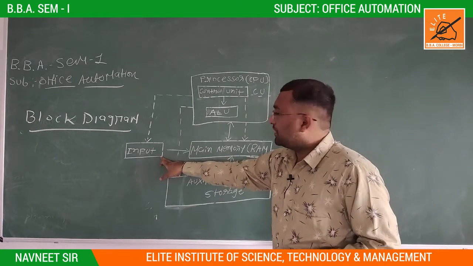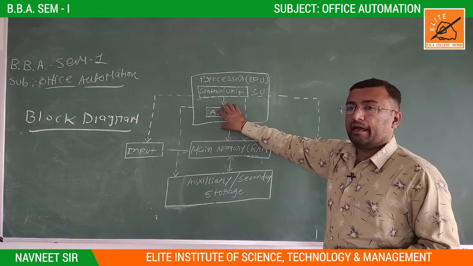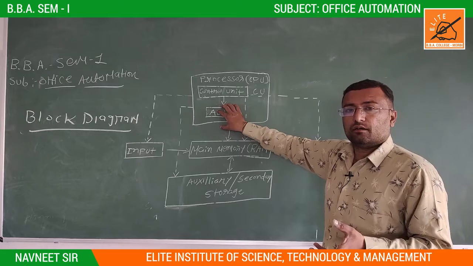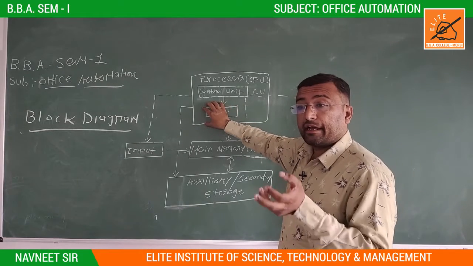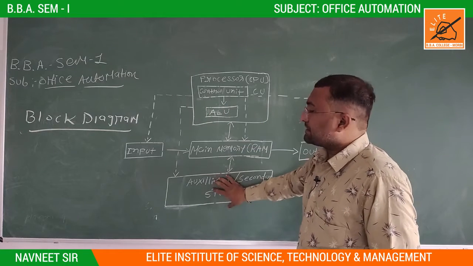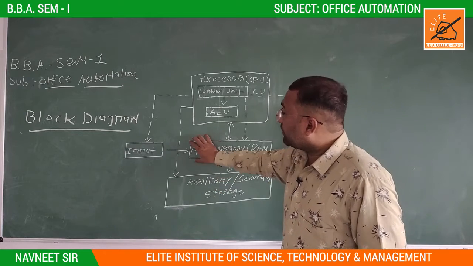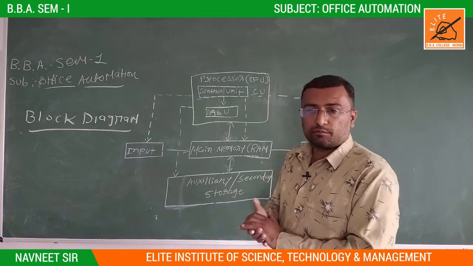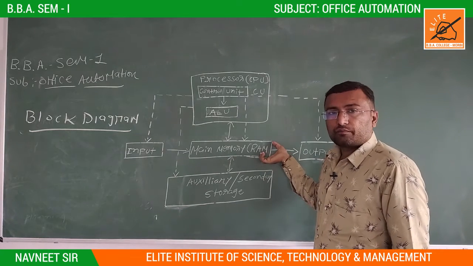The input device gives input to the main memory, and the control unit controls the ALU, which performs arithmetic and logical operations. Whatever instruction is given is performed at the ALU. Then secondary memory stores the data permanently. On RAM, whatever data is loaded is stored temporarily.